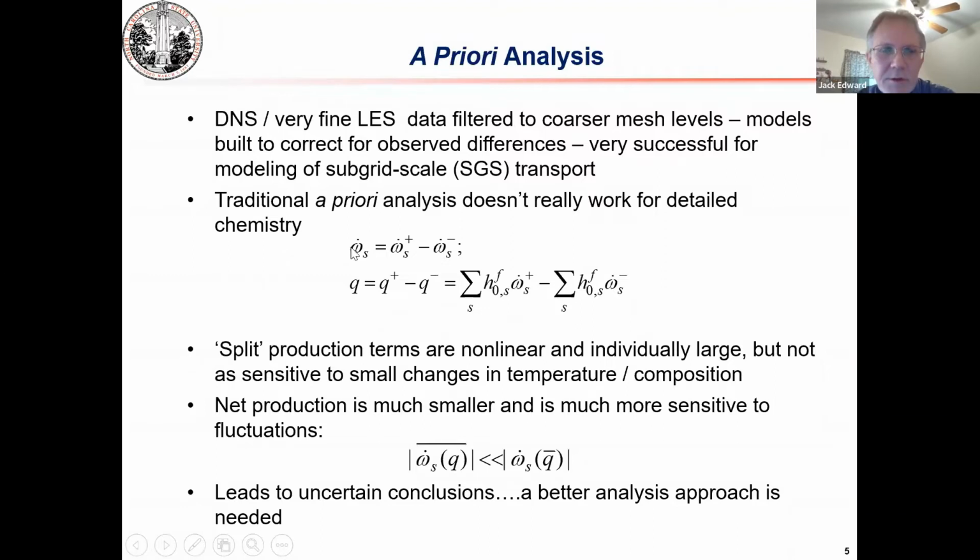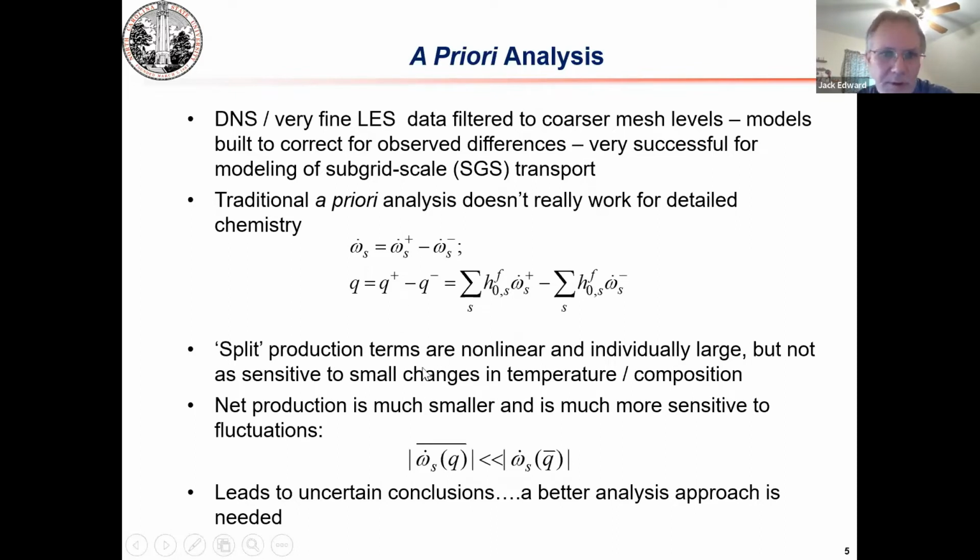Essentially, you can always take a chemical production term and split it into something that produces a particular component, something that depletes it. And these are functions of the reaction rates, and they're very large in general. But the balance may not be so large.